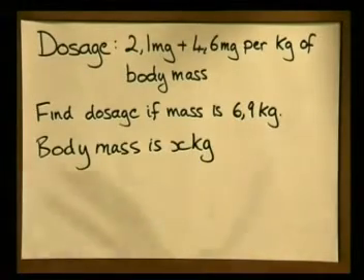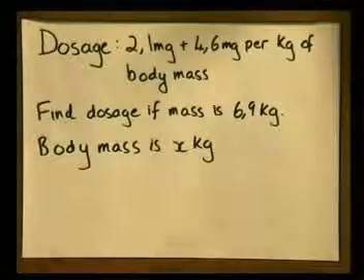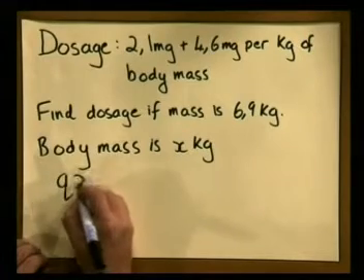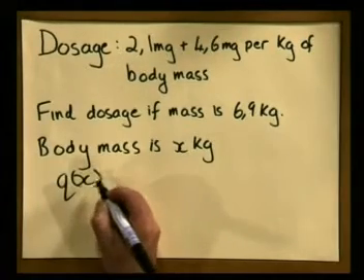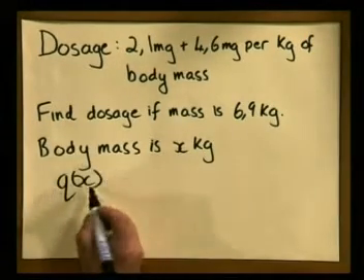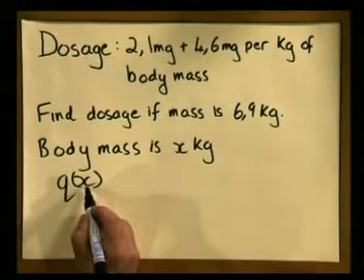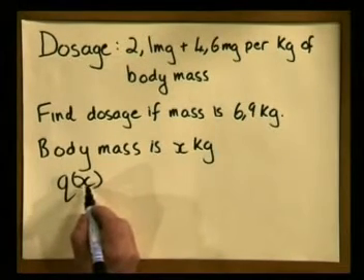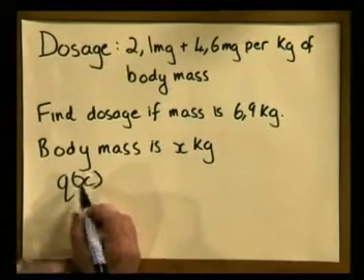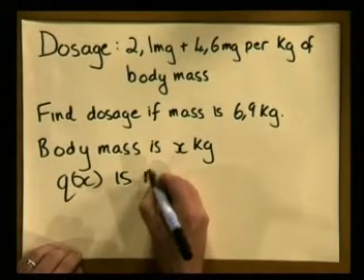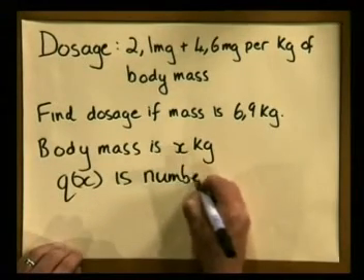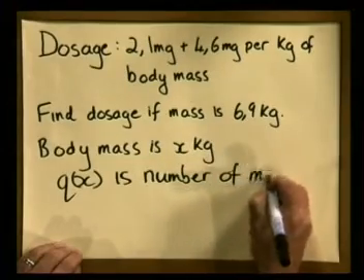Now to write this relationship or function, I need to give it a name. I'm going to call it Q for quantity. Now Q of X represents the result when the function works on X. So it represents the number of milligrams of medication for a mass of X. In other words, Q of X is the number of milligrams of medication.